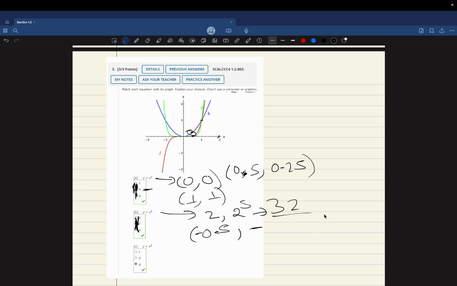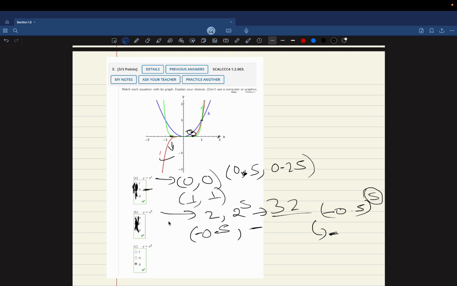So x has a power of 5, so this will be a negative value. So if you calculate -0.5 to the power 5, then it will give something a lot less than 0.5 in negative value, because it has the odd number. Okay, so it will be a negative value. So let's see, if we add 0.5 here, the negative will be in the downward direction.